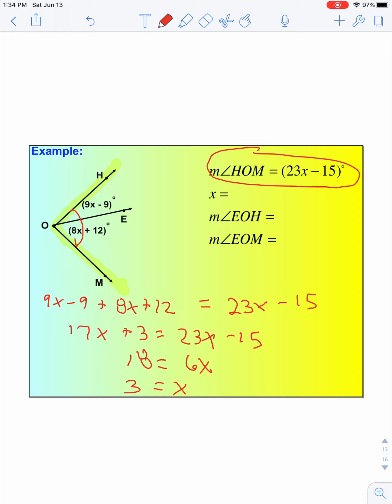So now I get a value of x of 3. So I found the value of x, and now it's simply a matter of plugging them in. I'm going to let you plug those in and give that a try on your own. And if you plug them in correctly, you would get 18 degrees and 36 degrees.